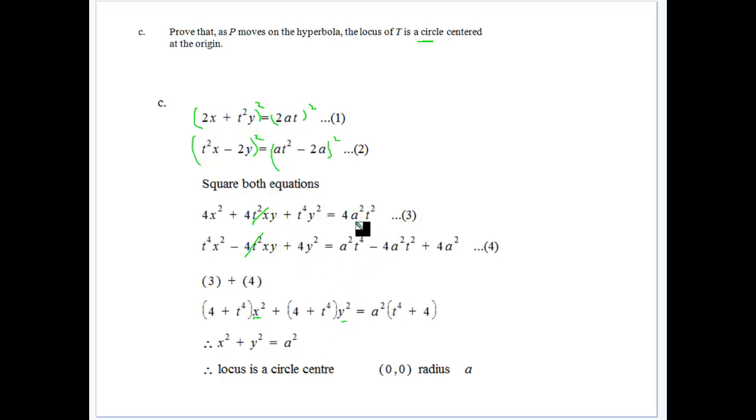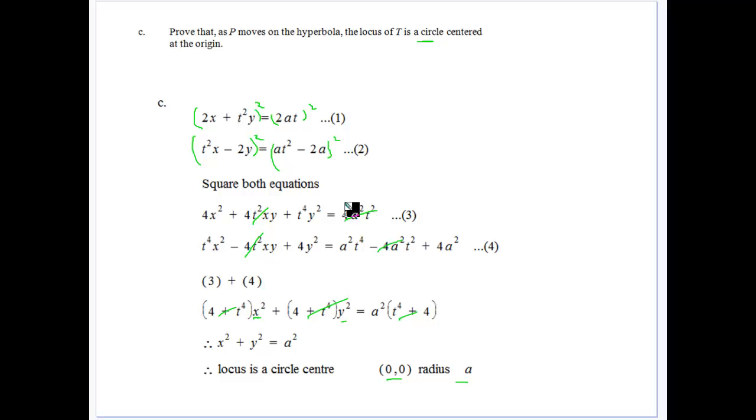Now the 4a squared t squared will cancel as well when you add those together. So you get a squared t to the power of 4 plus 4a squared, which we can factorise the a squared out of, and leaves us t to the power of 4 plus 4. Now they all cancel, leaves us x squared plus y squared is equal to a squared. So it's a circle, centre (0, 0), radius a.